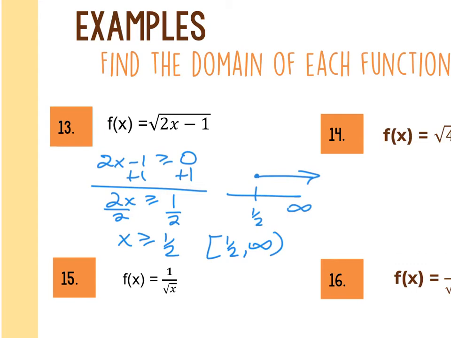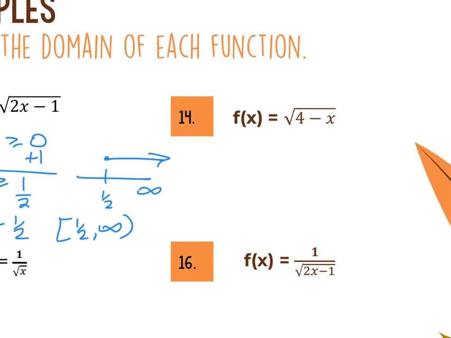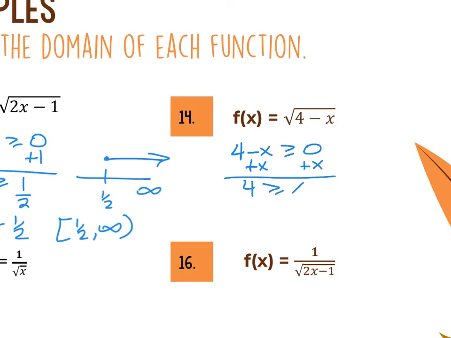Next one, same thing, but just be careful because that variable is negative. So watch what happens on this one. Again, take what's under here, greater than or equal to 0. I'm going to go ahead and add the x to the other side. You could subtract the 4 and then divide by -1. Notice Mr. Alligator here is eating the 4, so if I flip this around, now it's all values that are less than or equal to 4.